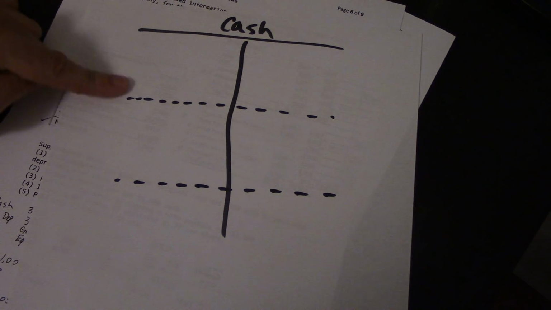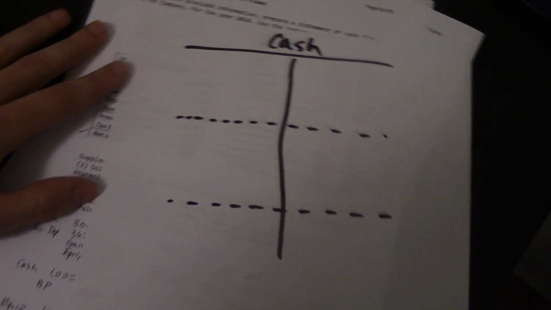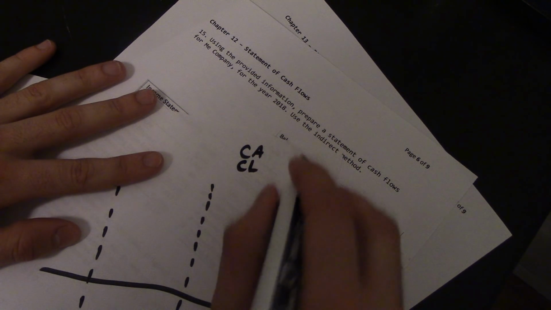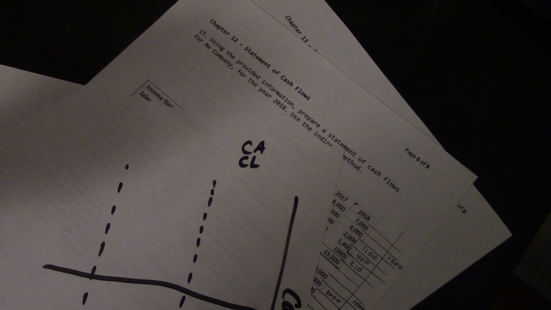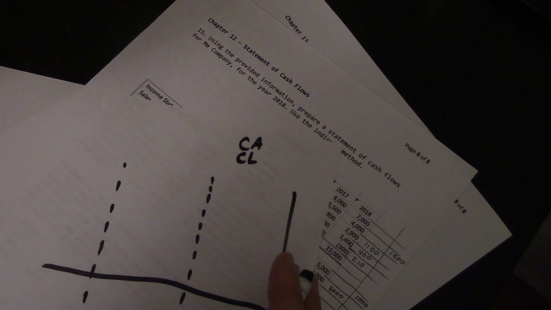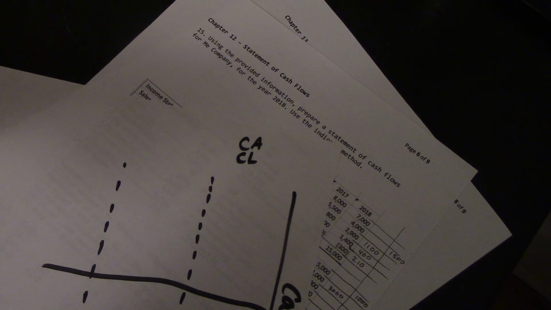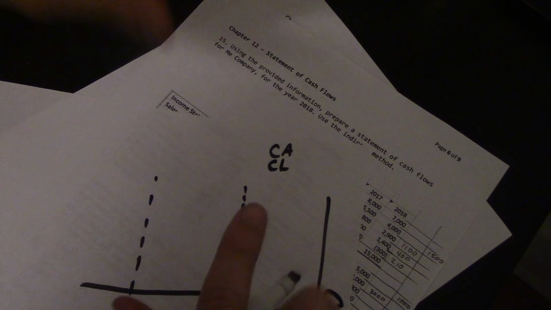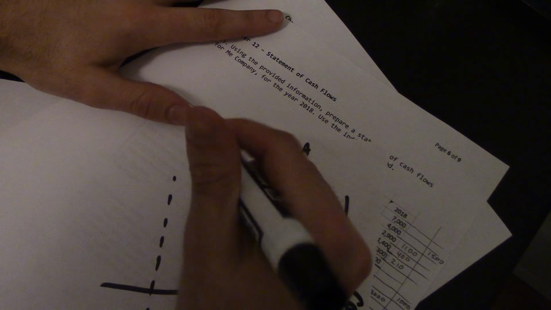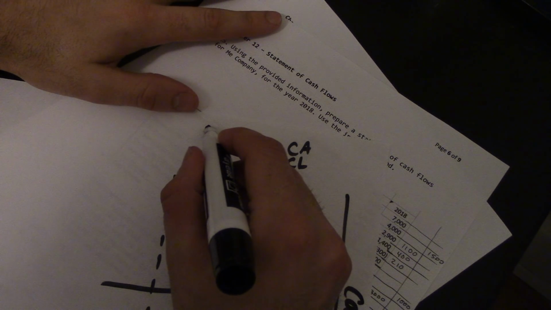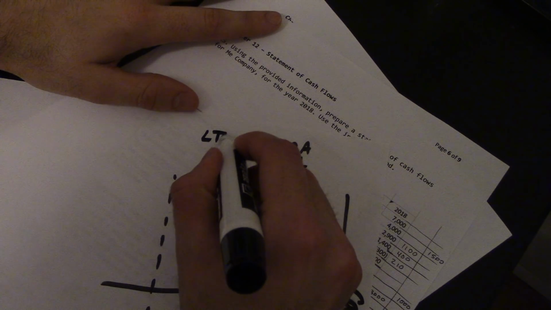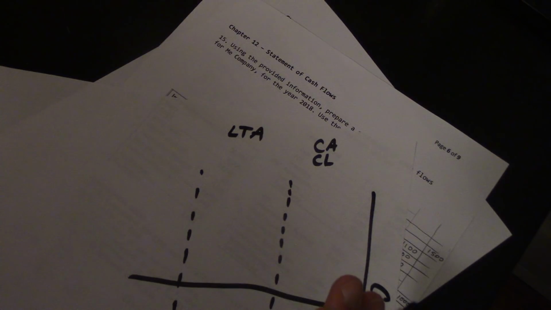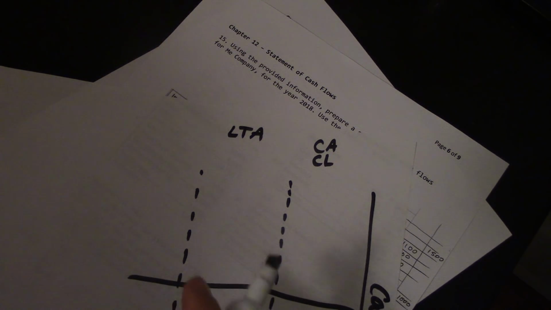We've got our operating section. That's going to include our current assets and current liabilities, as well as our depreciation expense and any gains and losses on our income statement. Our investing section includes any long-term assets, for example equipment, land, buildings.